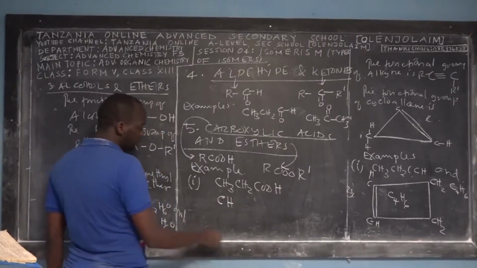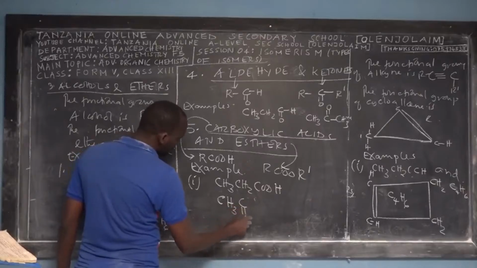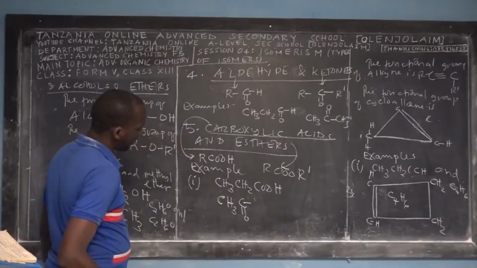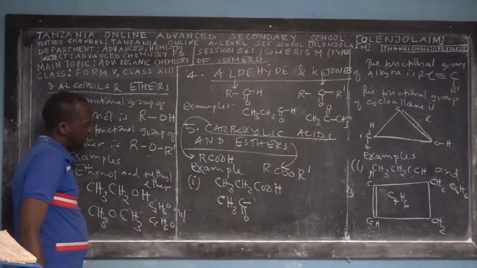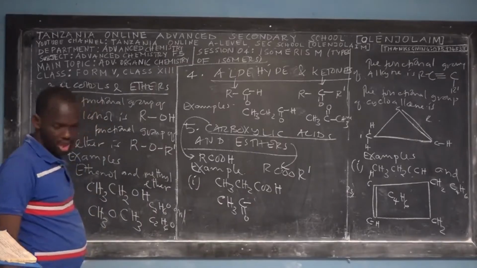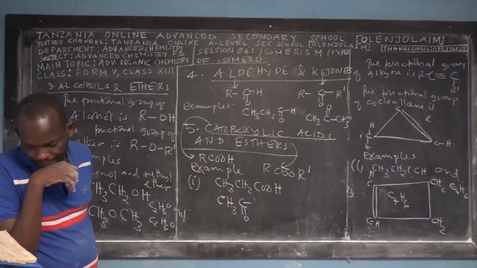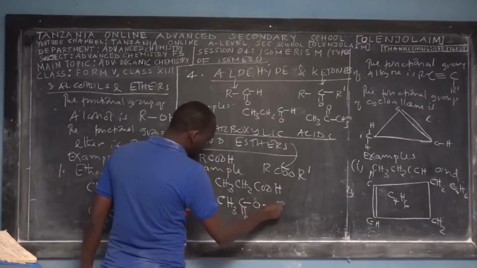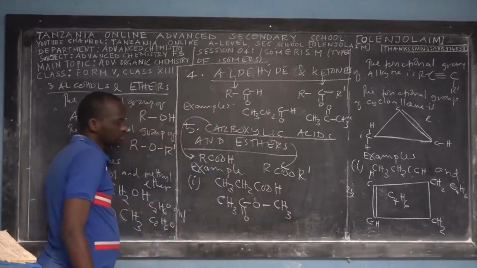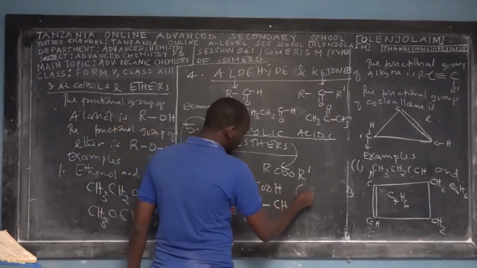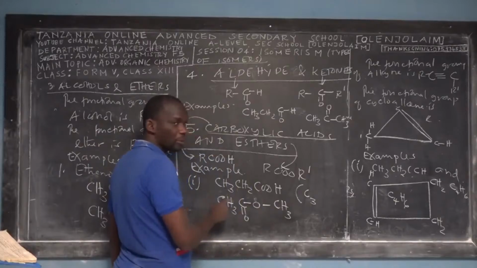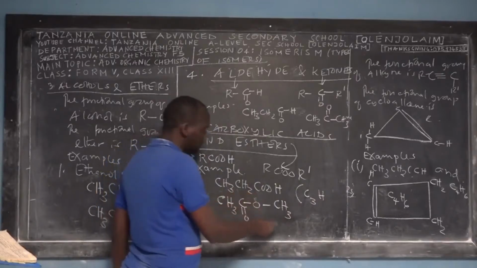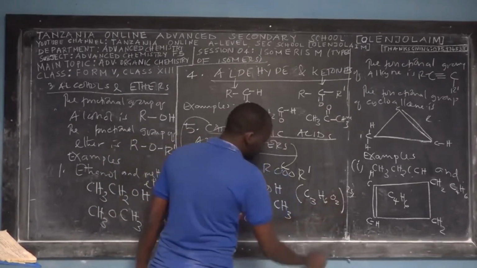From carboxylic acid, propanoic acid has 3 carbons, 6 hydrogens, 2 oxygens.